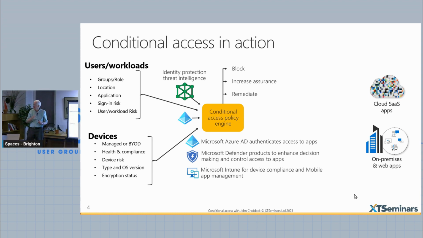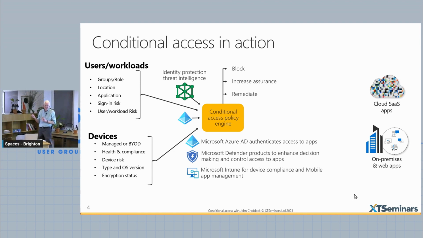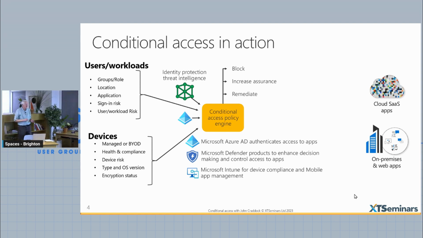And to completely guard against that, you need to use MFA, but you need to use phishing resistant MFA, right? Which basically means the man in the middle breaks the MFA. And you've got Windows Hello, you've got certificate-based authentication, and you've also got FIDO2 security keys, right? So that's really important, is bringing in that additional strength.